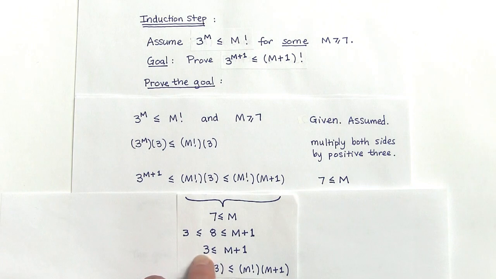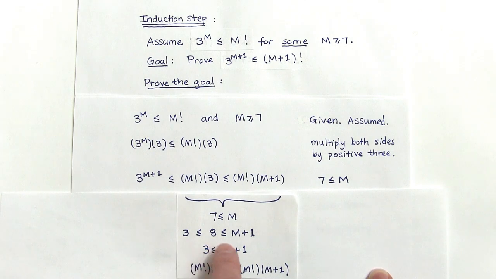And then multiplying both sides of this correct inequality by the same positive number, m factorial, the direction of my inequality is maintained. And so if 3 is less than or equal to m plus 1, m factorial times 3 is less than or equal to m factorial times m plus 1.